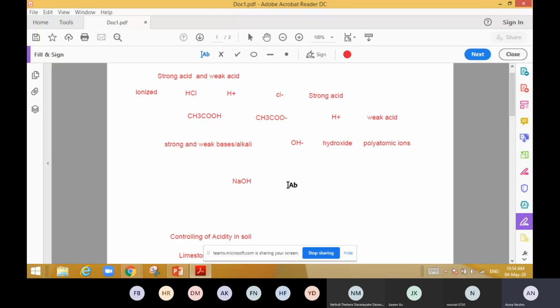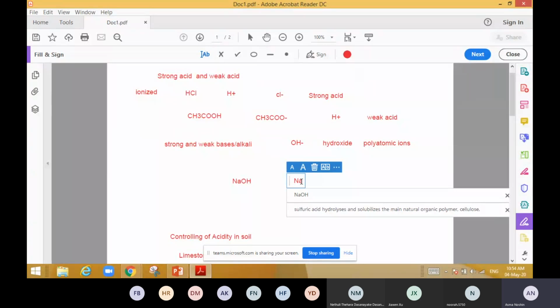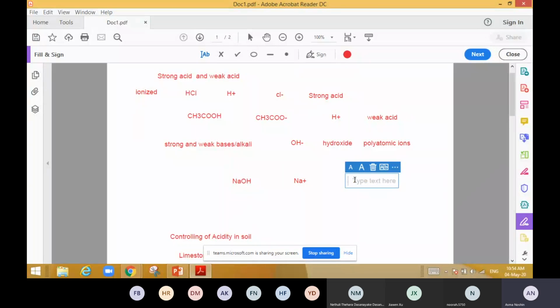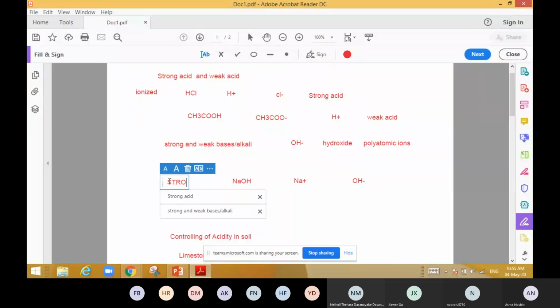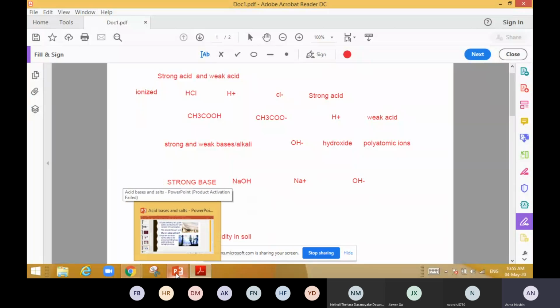So if we write this again, it will give you Na separately with positive ions and OH separately with negative ions. So this one will be considered a strong base. Remember it. Till here, any confusion? I think no.